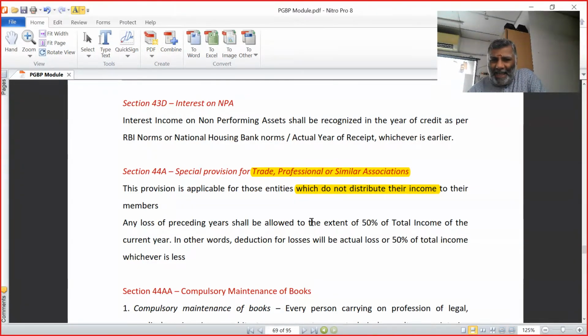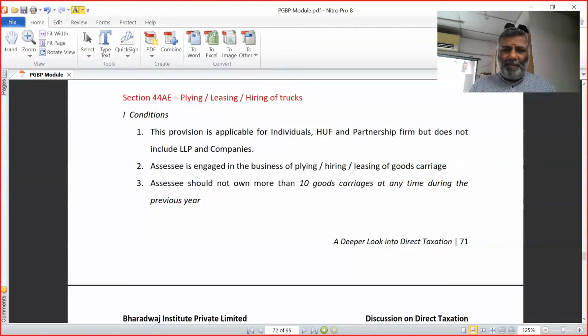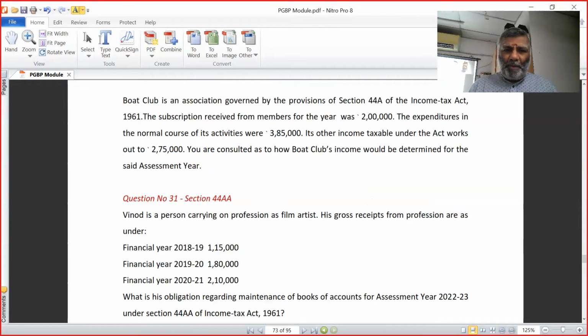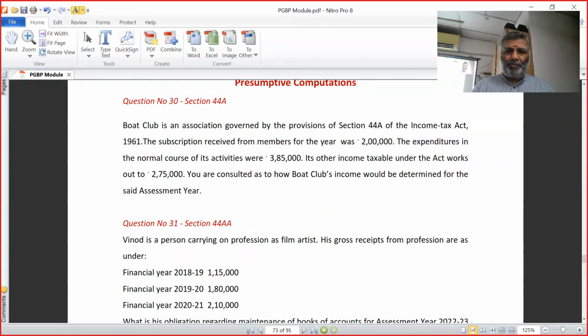The law says the loss can be set off only to the extent of 50% of total income, and not the whole of the loss. If they have both this income and other income, loss to the extent of 50% can only be set off.